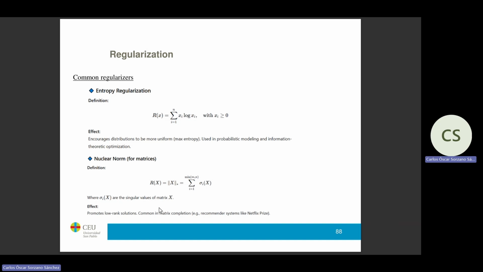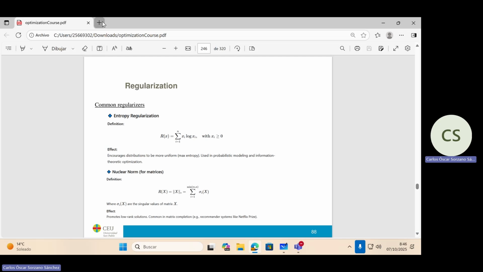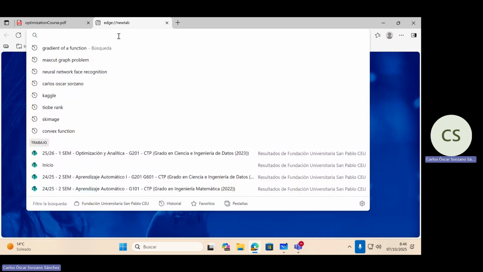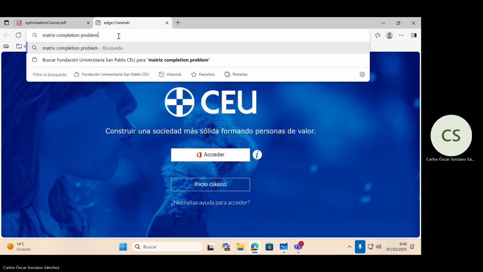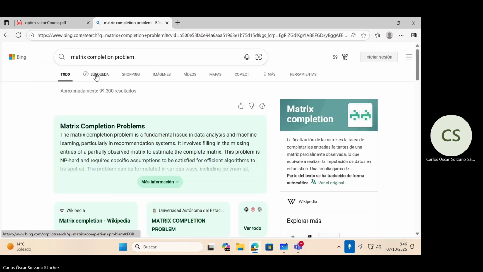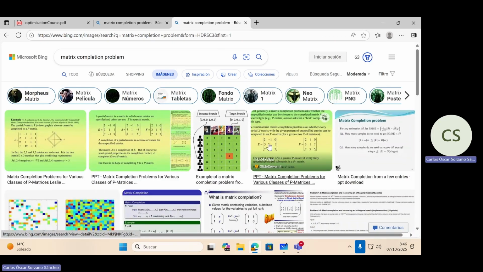Do you know the matrix completion problem? No? Okay, this is a very nice problem. So let's look for some nice picture of it. So it is this one.